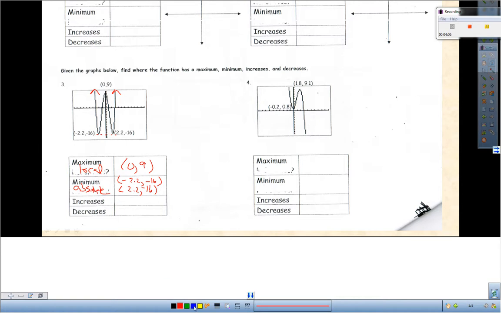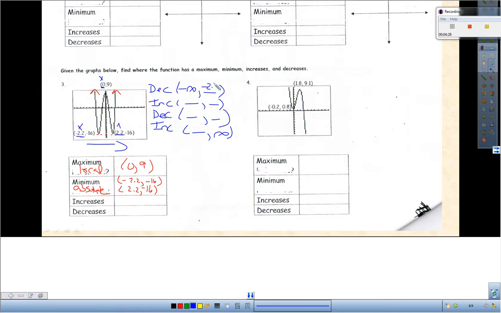Alright, so now, read the graph from left to right. What's the graph doing first? Well, it's decreasing, then it's increasing, then it's decreasing, then it's increasing again. Remember, always start with negative infinity, and then always end with positive infinity. Now let's go in order. Look at only the x values. So my first blank is going to be -2.2, and then copy that right there.